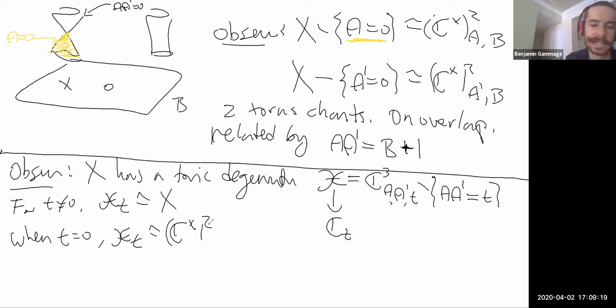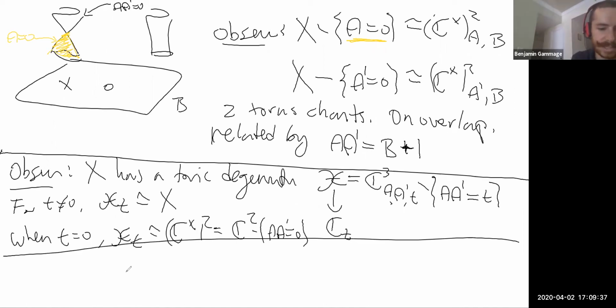Right, because it's equal to C2 minus A prime equal to 0. Let me draw a picture of what's happening in this B plane.